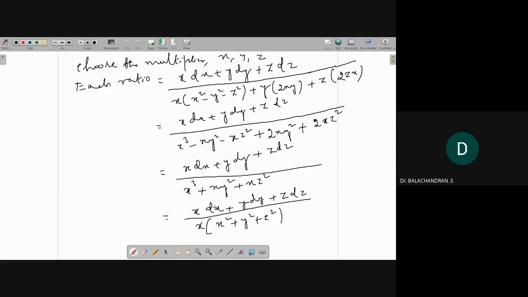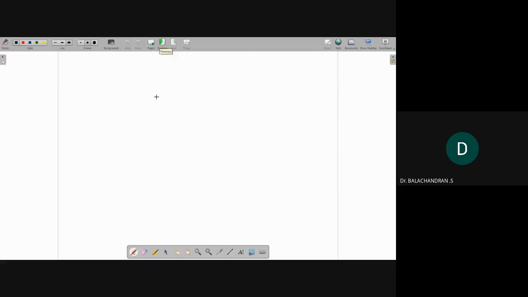Now consider the second and fourth ratio. The fourth ratio, which we just got, is x dx plus y dy plus z dz divided by x into (x square plus y square plus z square).